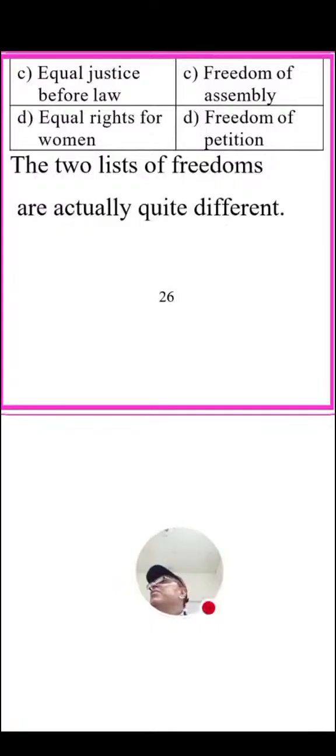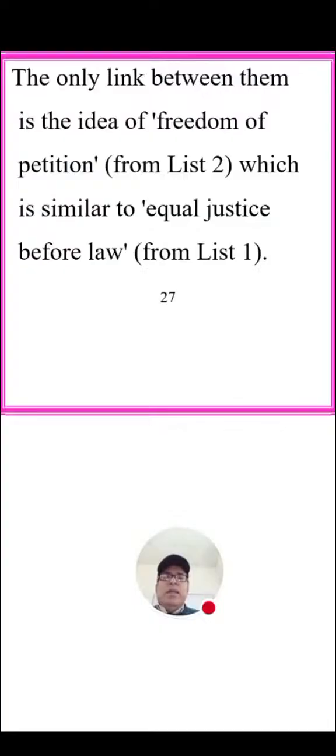These are the basic freedoms in their view. The two lists of freedoms are actually quite different. The only link between them is the idea of freedom of petition in the second list, which is similar to equal justice before law in the first list.